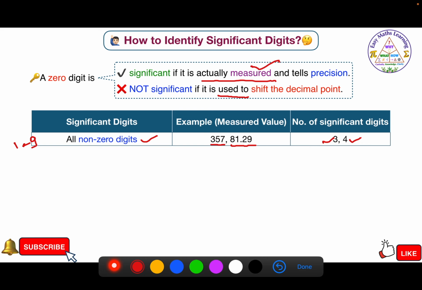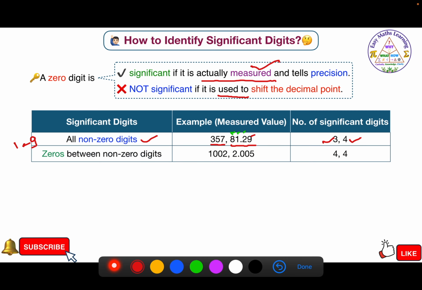If we talk about certain digits and uncertain digit in the number 81.29, here 8, 1, 2 are certain digits and 9 is the uncertain digit. So we have a total of 4 significant digits here.